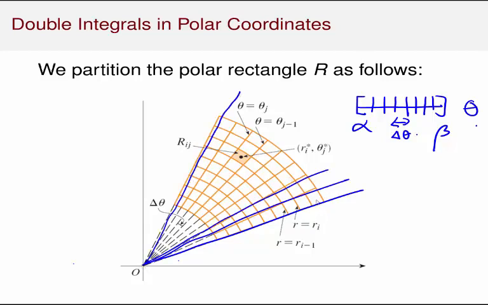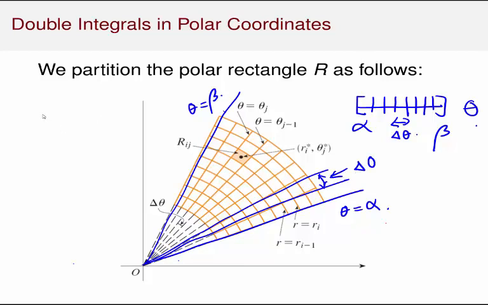Alright? The first ray here at the bottom is given by theta equals alpha, and the last ray over here is given by theta equals beta. And in between we have many different rays such that the angle between adjacent rays is precisely delta theta.